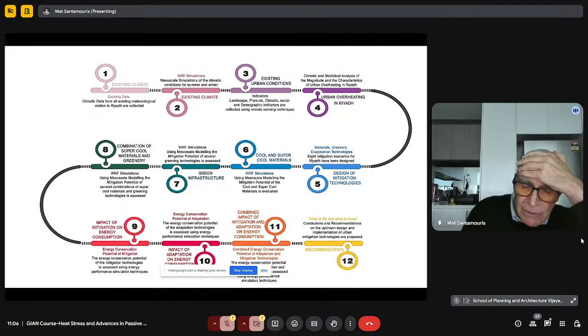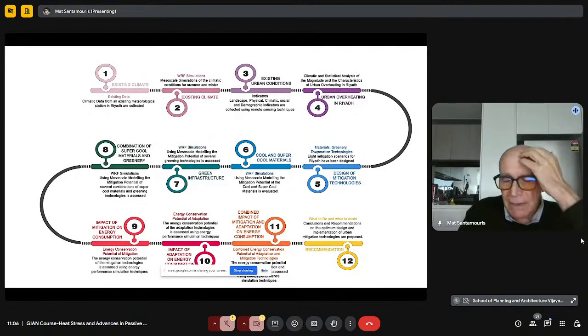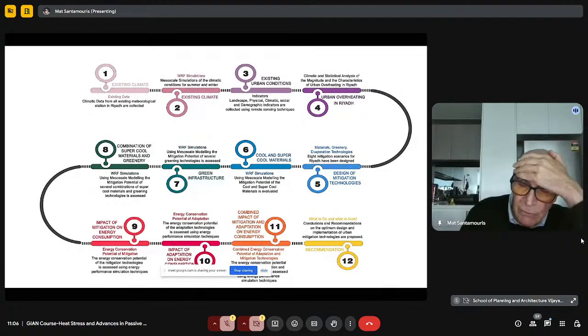Because it was very important to calibrate the models that we have developed in step 2, based on the existing climatic data, to ensure that the results that we have predicted or we will predict will be accurate, and this can be done only by validating the data for the current situation. So we have validated our models based on the collected data.